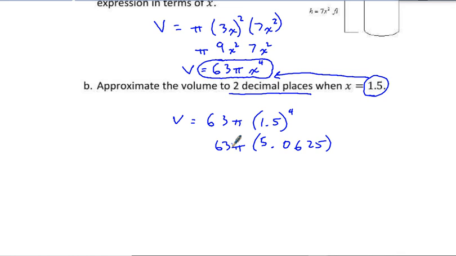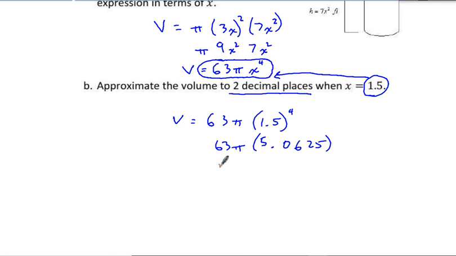And on your calculator, you should see a pi key if you're using a TI-83 or 84. I believe that is above the caret symbol on the right side of your calculator.